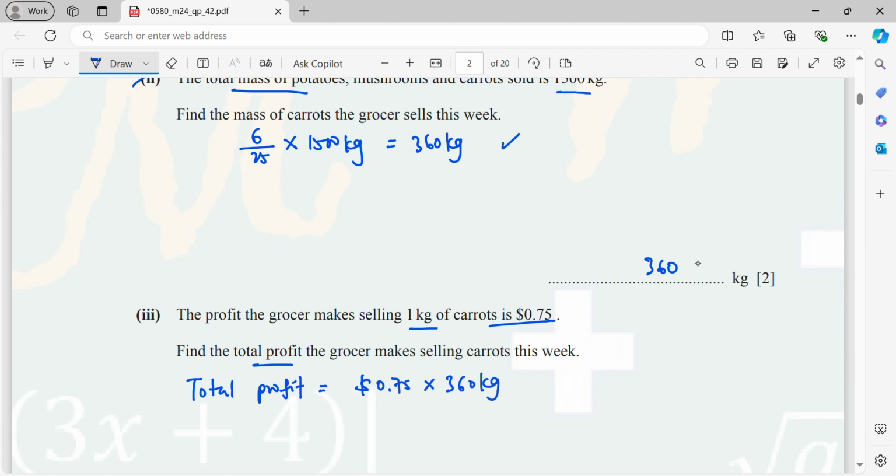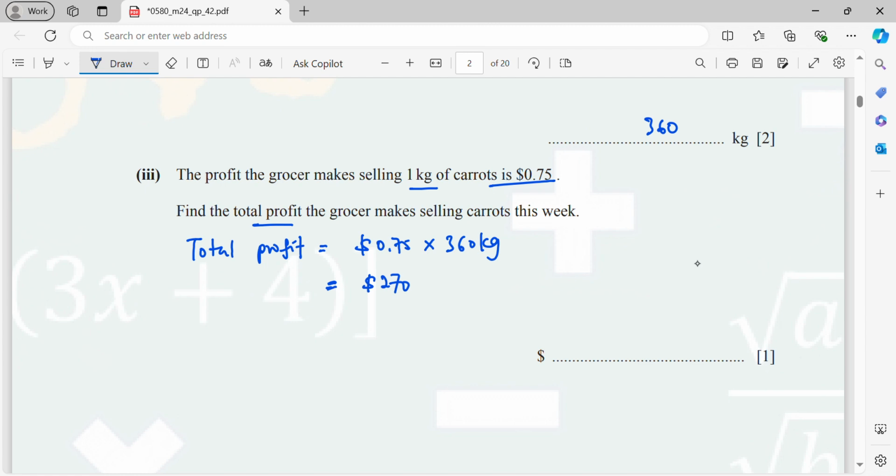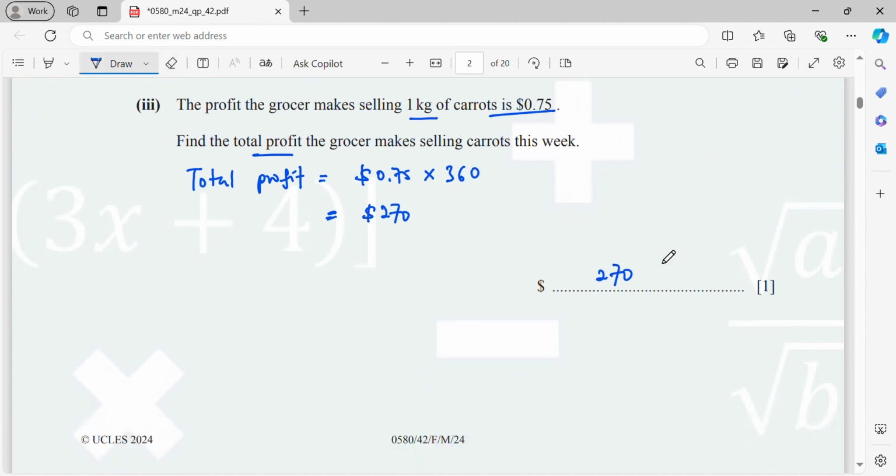Okay, then this is going to be $270. Right? So you can just ignore the kilograms. So done for this part.